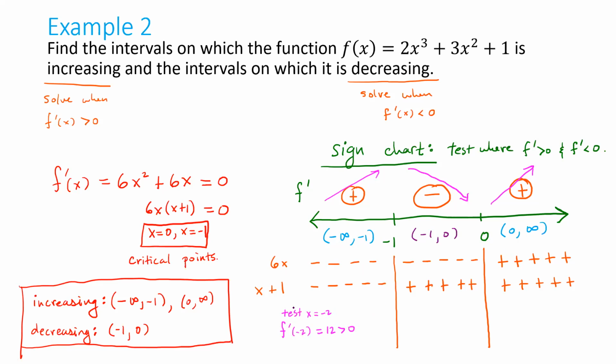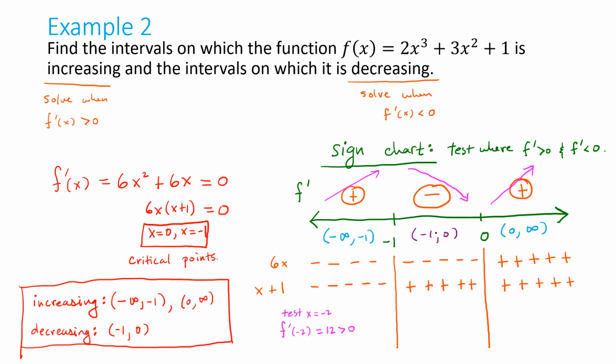So that's another way you could do it: pick test values to help you analyze it. That one test point I tried represents any value of x on this interval. So any other value of x that I choose on that interval would have to have the same sign. If I choose a different value of x, I can assume f prime would have the same sign for any other value of x on that interval. So it's like picking a representative.